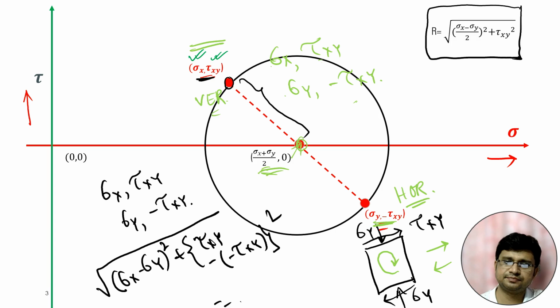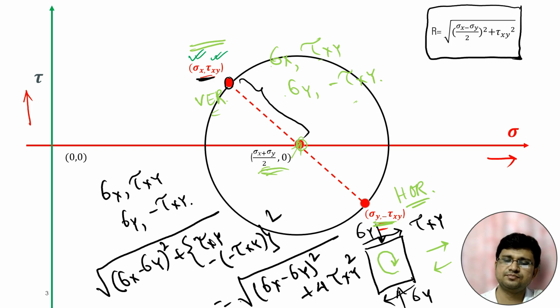So if we take half of this value, then it will be the radius of the Mohr circle. If we take half, then this 2 value will go inside the square root. So finally it will become like this. So this is the value of the radius of the Mohr circle.